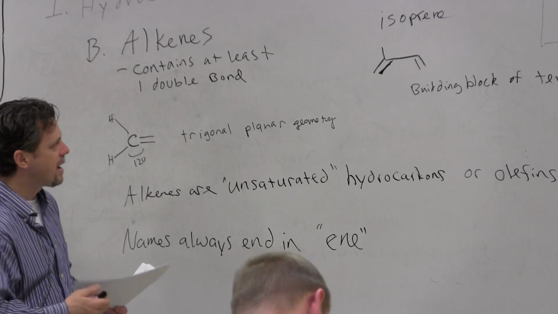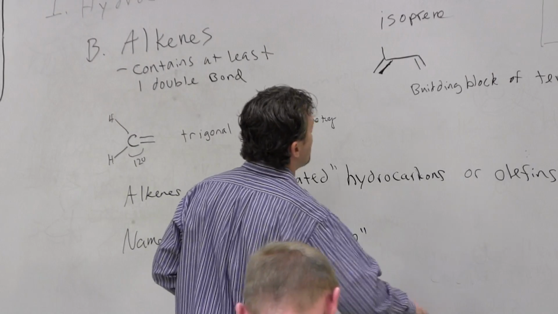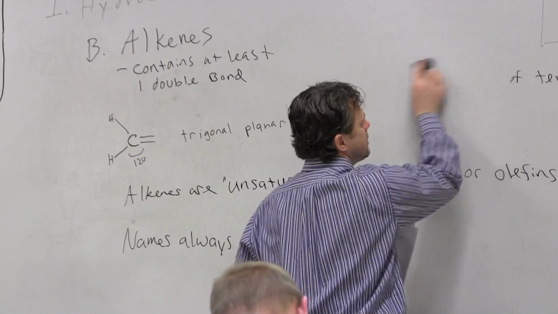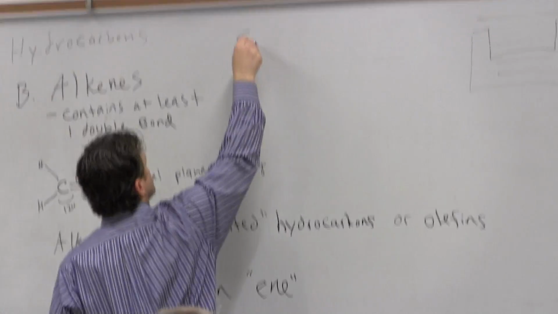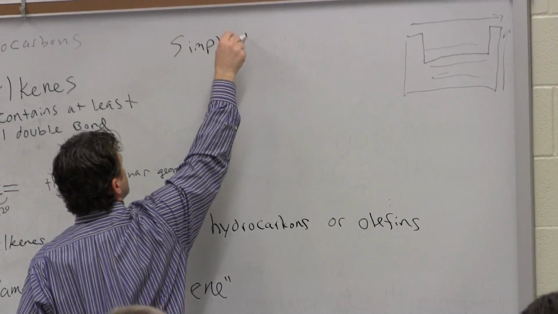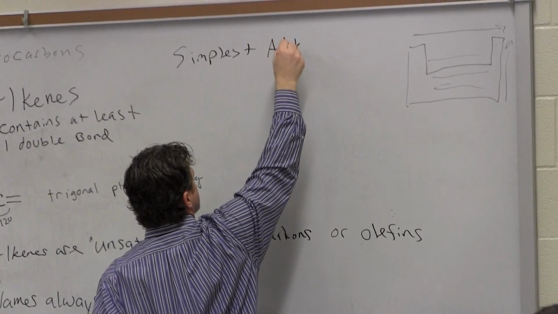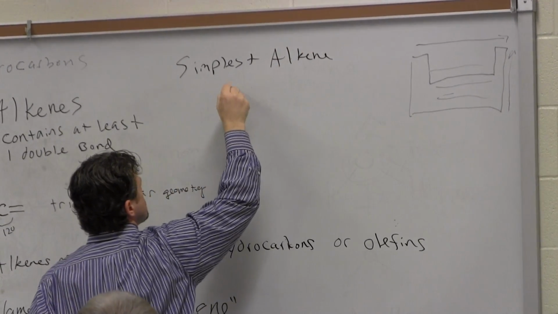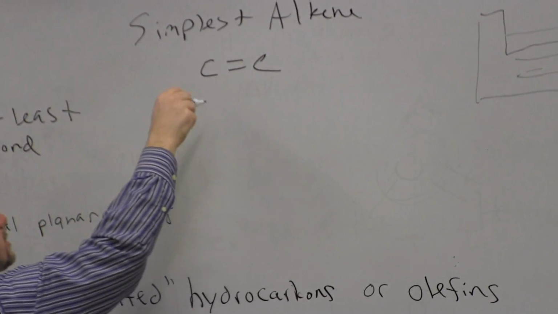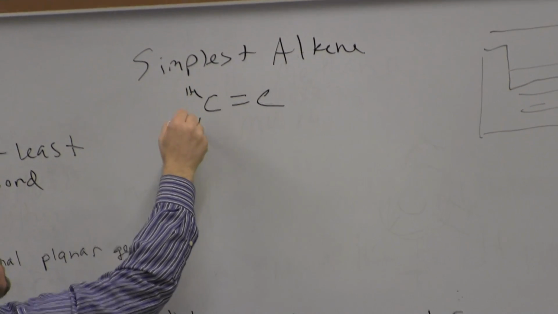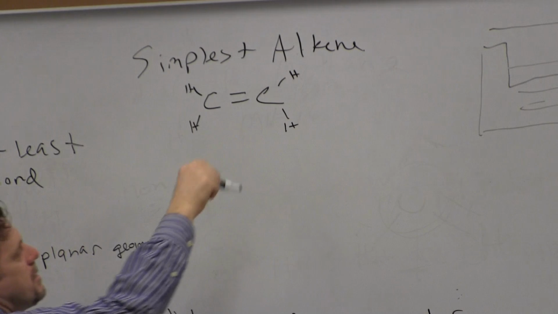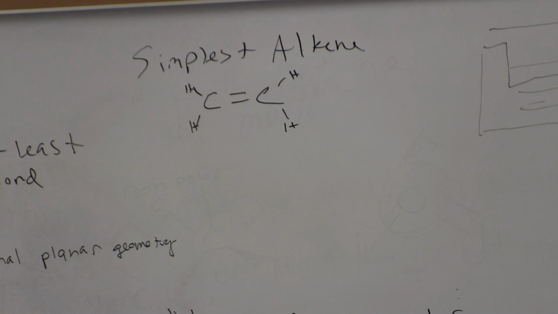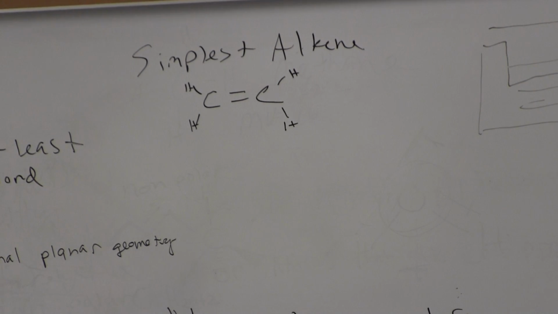The simplest alkene, obviously, is just this one, 2 carbons. So then you'd have hydrogen, hydrogen, hydrogen, hydrogen. And this would be called, non-chemist majors, what would you call that?